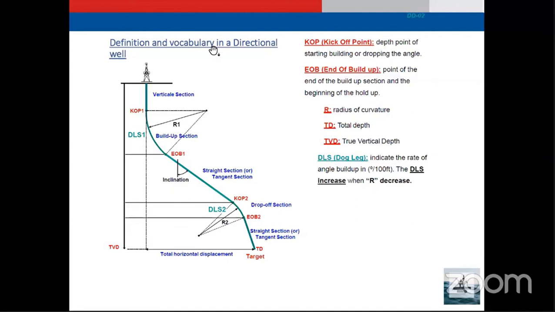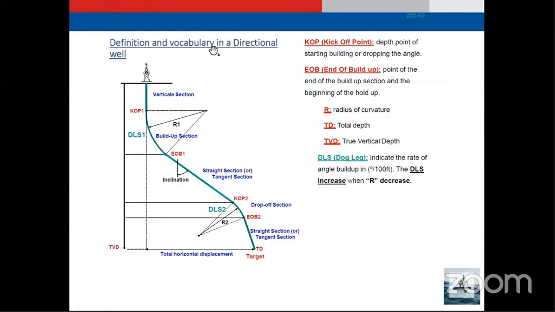A question for this course: are we going to use geological reservoir software for well planning? In directional drilling, we don't need to know the reservoir in detail. We only need to know the location of the reservoir.